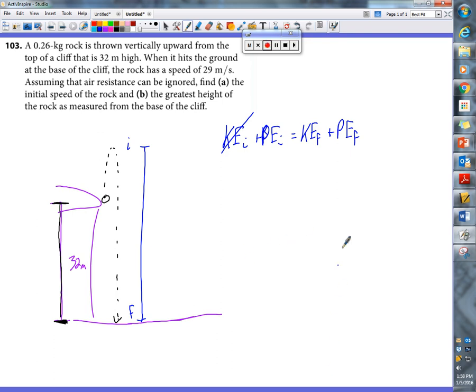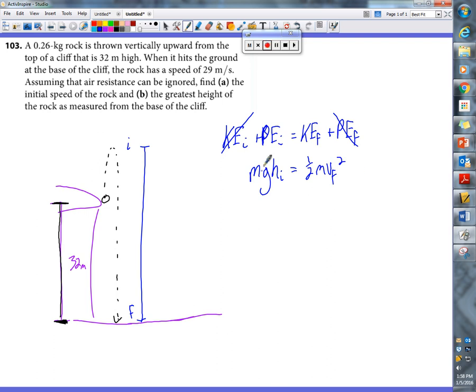Then at the very bottom, we've lost all of our height, so we have no potential energy at the bottom. So we have our PE initial, with our initial being up here, is equal to our KE final. And once we find the height here, your initial height, that will give you your height as measured from the base here. m g h initial is equal to 1/2 m v final squared.